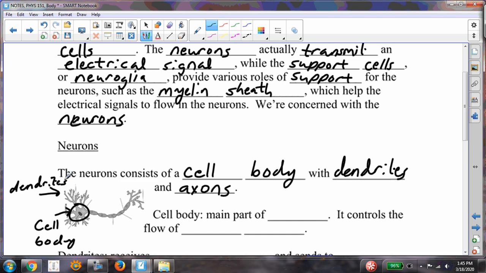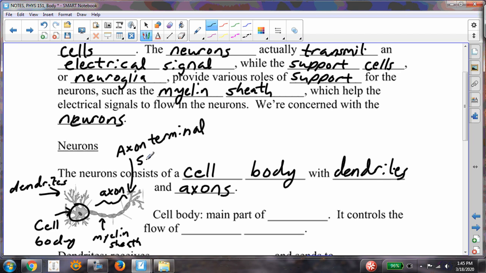And then the axon is here. By the way, this is our myelin sheath. It is a sheath around the axon. And then here at the end, we have the axon terminal synapses, like the end of the axon. That's what terminal means.